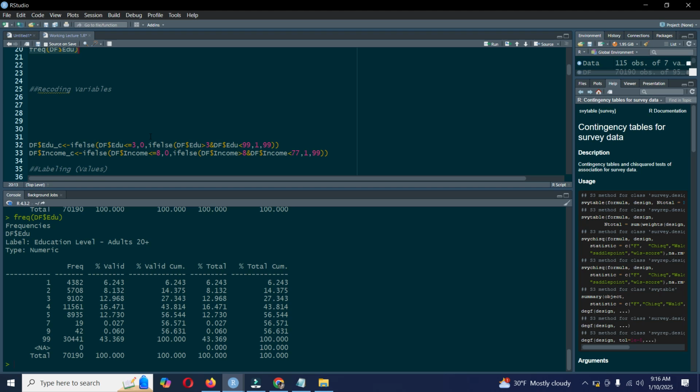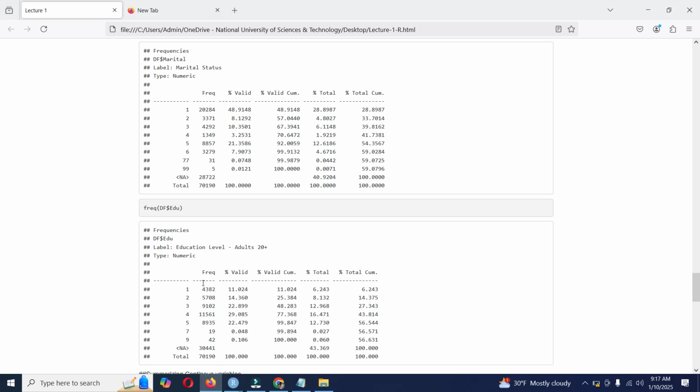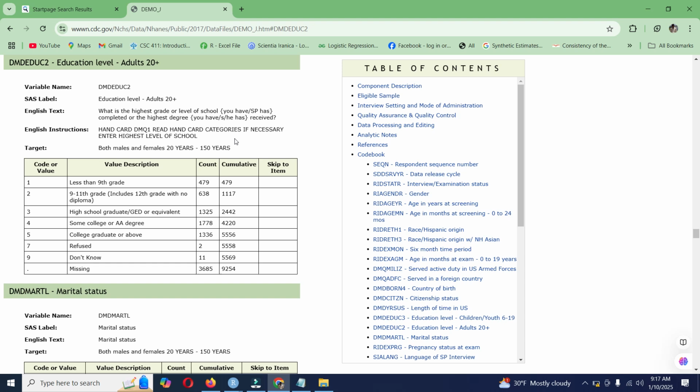For example, I want to categorize education into two categories, instead of the five categories we have. If we see here in the NHANES report, which I have already opened from the CDC.gov website, and if you need, I can share the link as well.